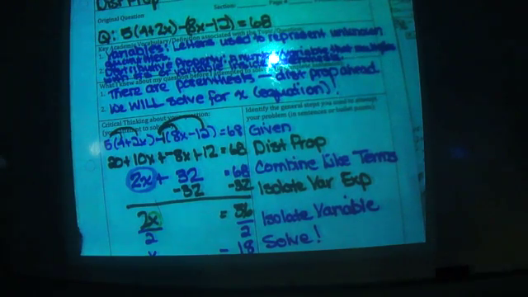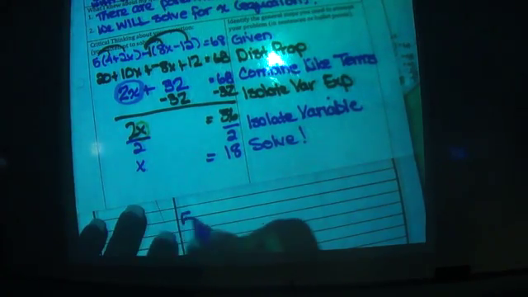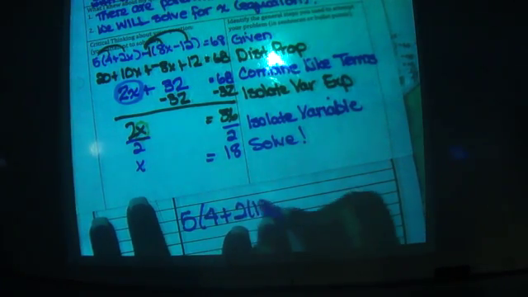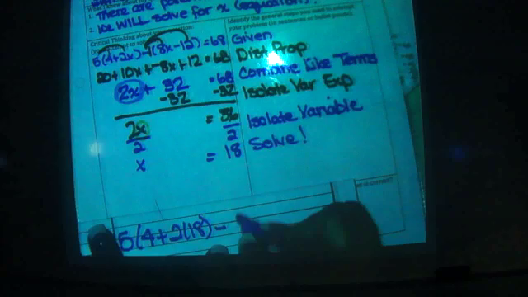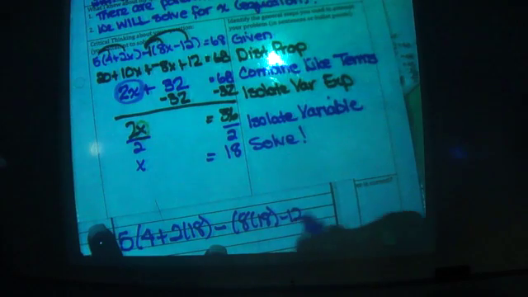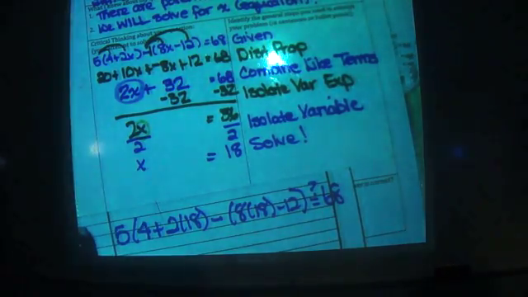Can we check it? You bet your sweet bippy. Okay, I'm going to grab a piece of paper. Go back to the original problem: 5 times (4 plus 2 times 18) minus (8 times 18 minus 12). Is that equal to 68? 5 times 4 plus, what's 2 times 18? 36.